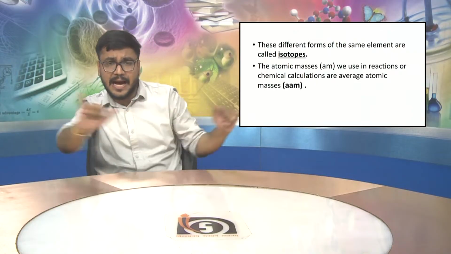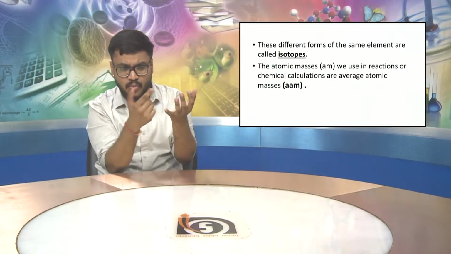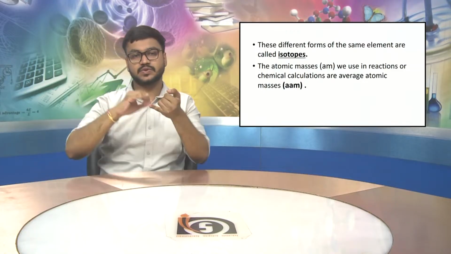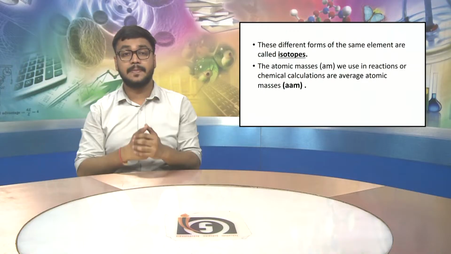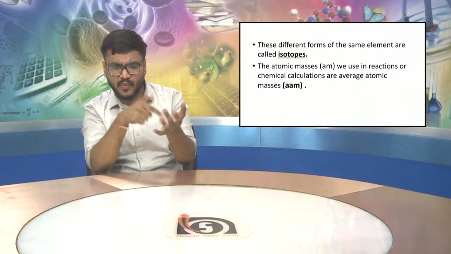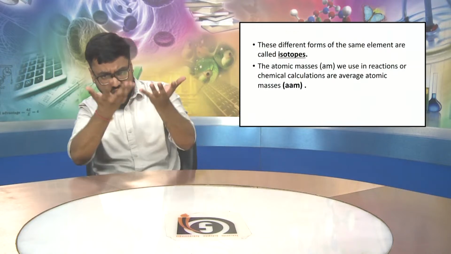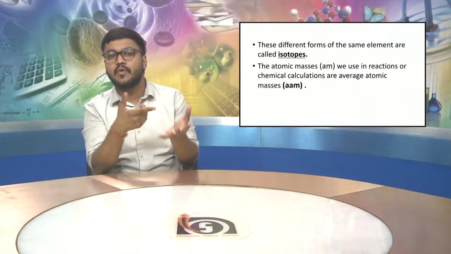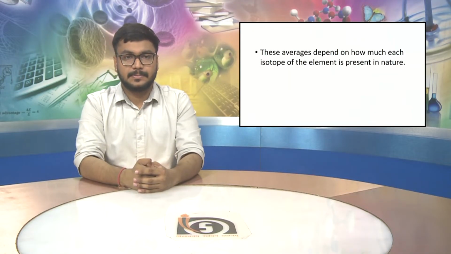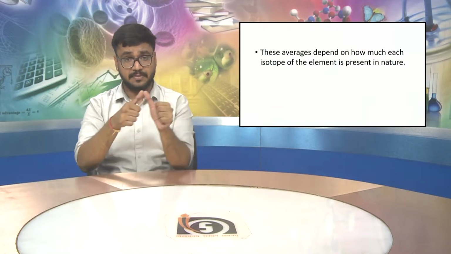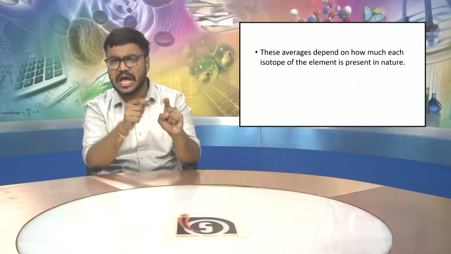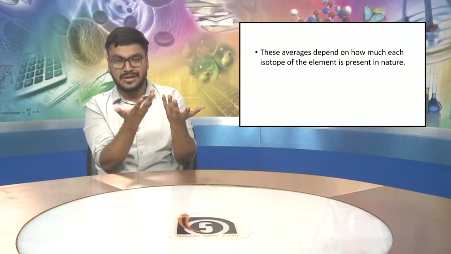And these different forms of the same elements are called isotopes. And the atomic masses we use in reactions or chemical calculations are average atomic mass. These averages depend on how much each isotope of the element is present in nature.